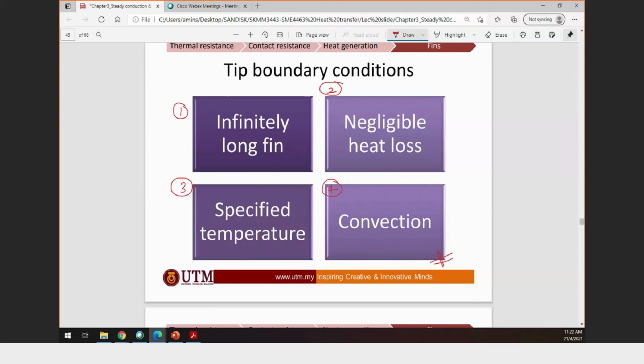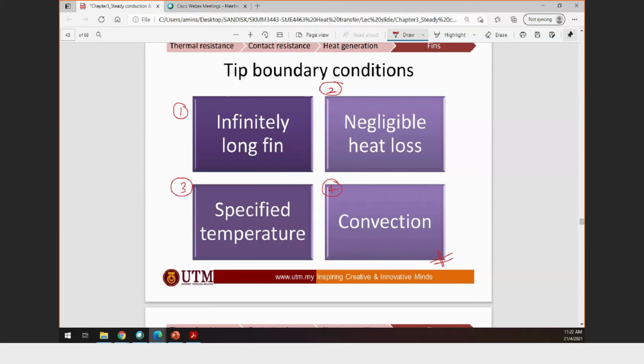Because we do not design fins to be very long. We do not say that the heat loss at the fin tip is always negligible. Sometimes we need to consider it, and sometimes we are not sure what the temperature of the fin is. So for this reason, boundary condition number 4 is most commonly used in the case of fin tips.